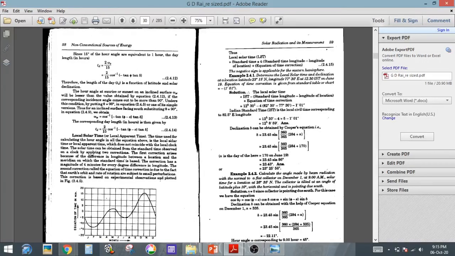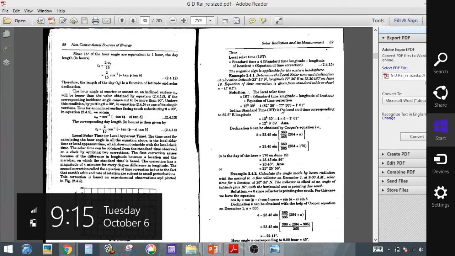Another factor is this local solar time. The correction has a magnitude of 4 minutes for every degree difference in longitude. This is standard time longitude minus longitude of the location. 82 degree 30 minute minus 77 degree 30 minutes. These minutes, if we convert into degrees, then 82 plus 30 divided by 60, and 77 plus 30 divided by 60.